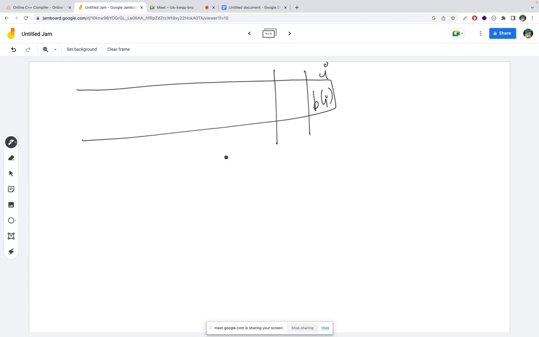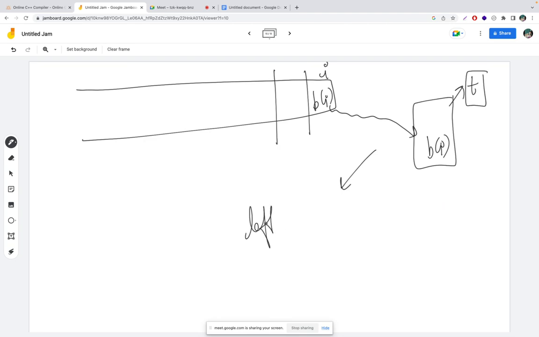You want to fill a basket, and the target sum should be T. If you include this ith element, b of I, in the basket, what will be the leftover?